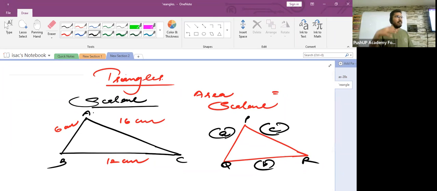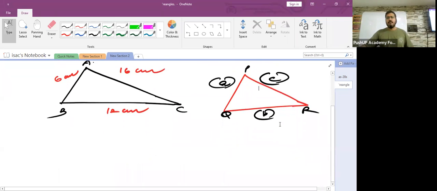It represents the length of all the three sides of the triangle PQR. So the length of PQ is A units, the length of QR is B units, and the length of PR is what? C units. In this case, if I ask somebody to find the area of the scalene triangle, how will I find it? This is the question.